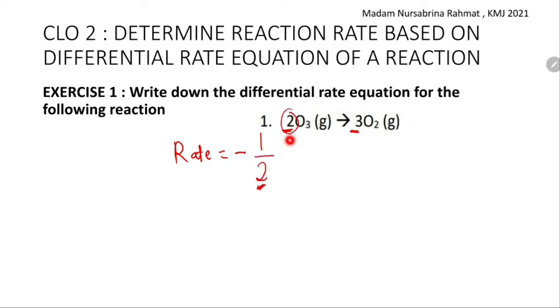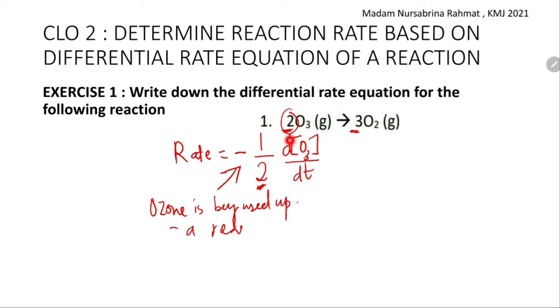It's from the stoichiometric coefficient in front of the ozone, and it's d[O3]/dt, the rate of concentration change versus time. Why is this negative? Because ozone is being used up, so it's a reactant.